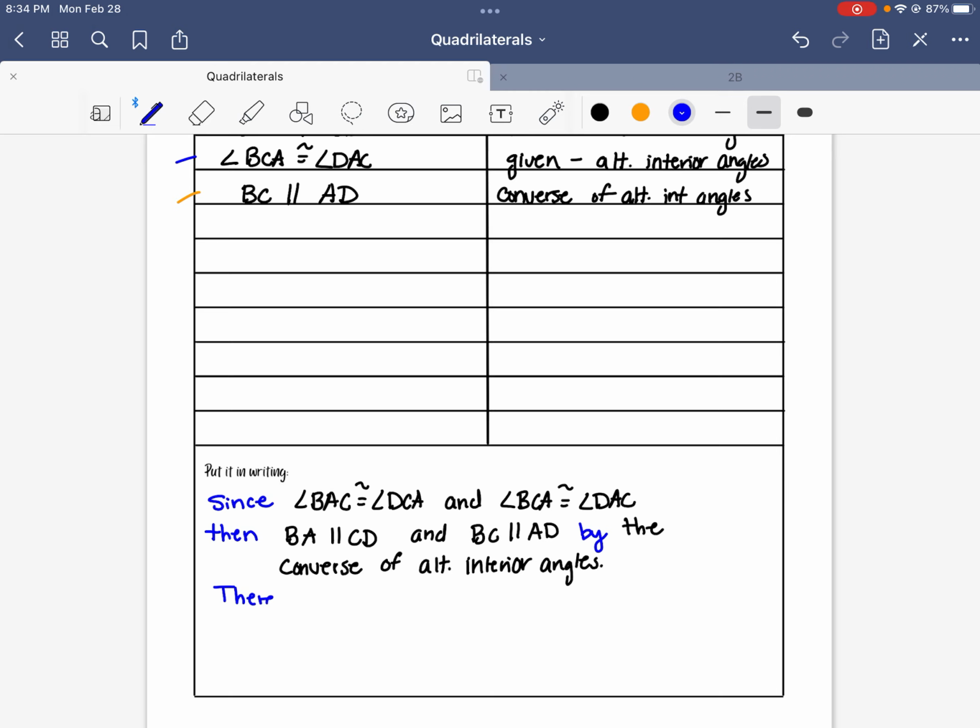Therefore, and again, we have to say our claiming. Therefore, ABCD is a parallelogram by its own definition. So by its definition.